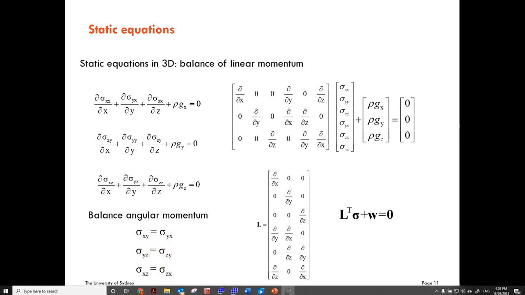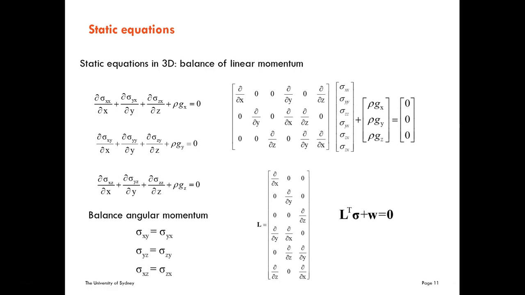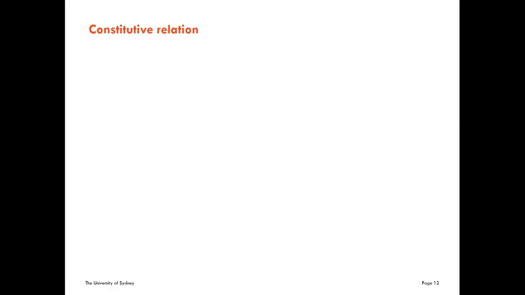Now we go to the constitutive equation. So the constitutive equation is going to be defined by a matrix that relates the components of the strain with the components of the stress. It's going to be a 6 by 6 matrix. But I'm going to introduce a simplified version of this matrix using these assumptions. So I'm going to assume linear response.